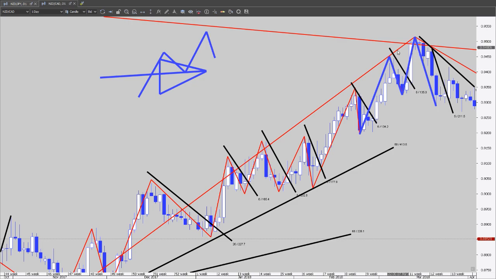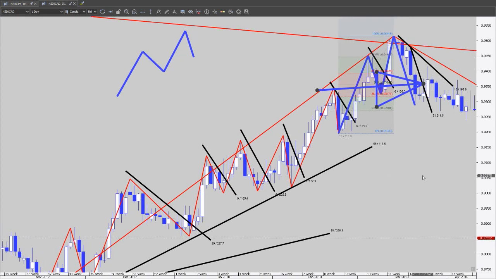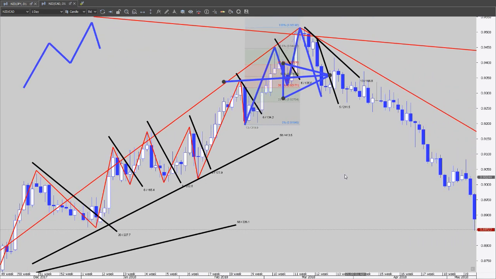Our Fibonacci is like this, so we have everything in place to go long, right? But if we had bought in here, what would have happened? Bam! Lost the trade. See everybody?